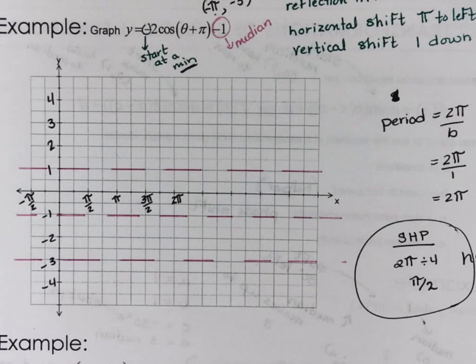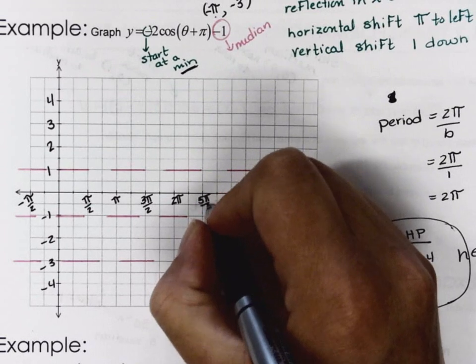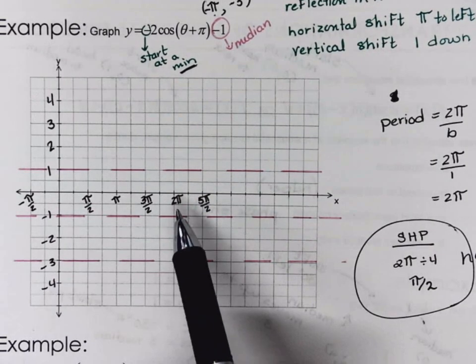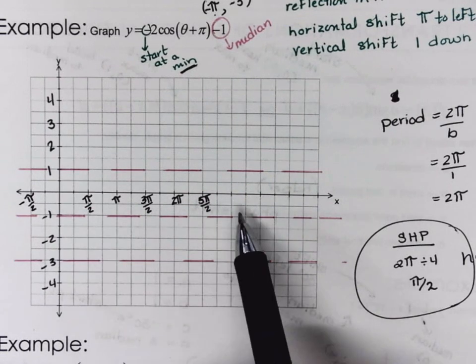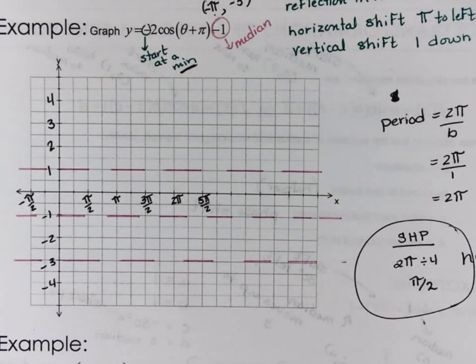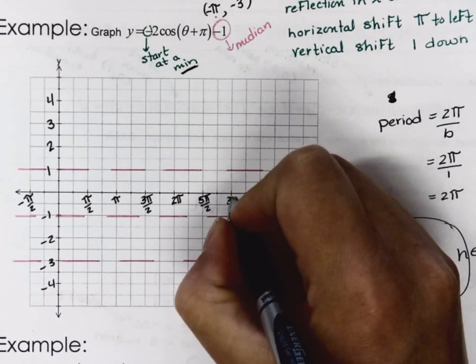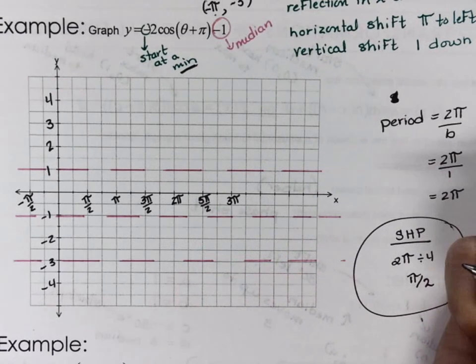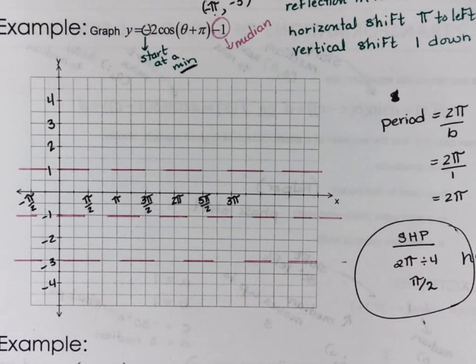Each increment was a half pi, so that would be 4 pi over 2, so this would be 5 pi over 2. And sometimes I find that doing everything as common fractions makes a lot more sense when I'm going through the increments, so I don't have to think about it in my head. And then this would be 3 pi. That would be 7 pi over 2. You get the pattern. If you can understand patterns in math, you're doing really good.